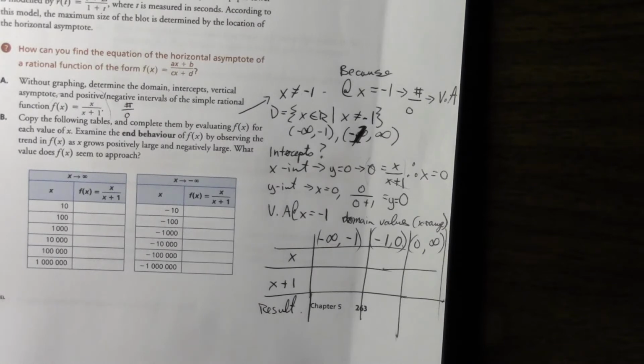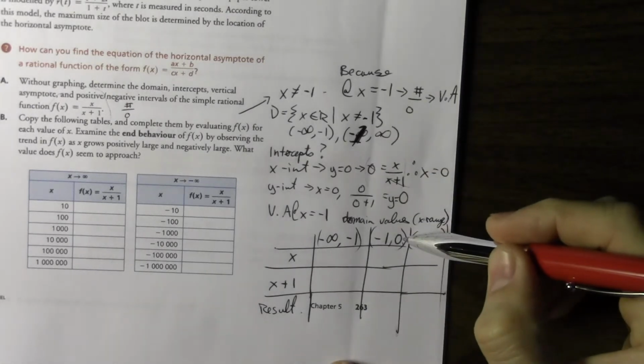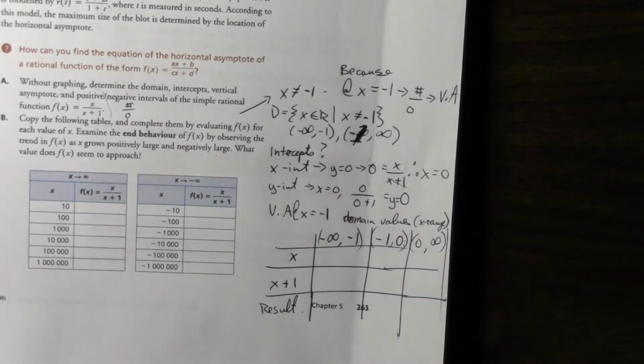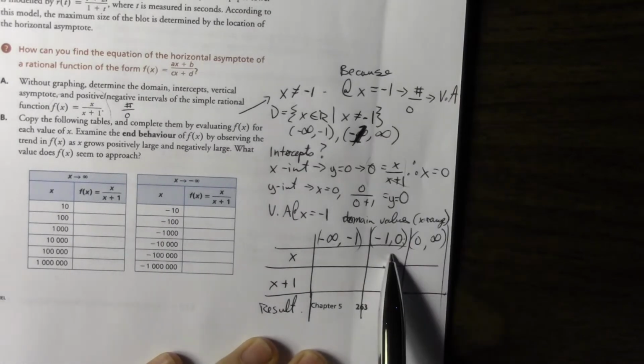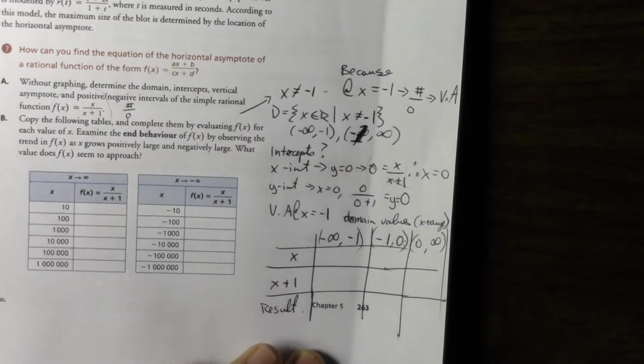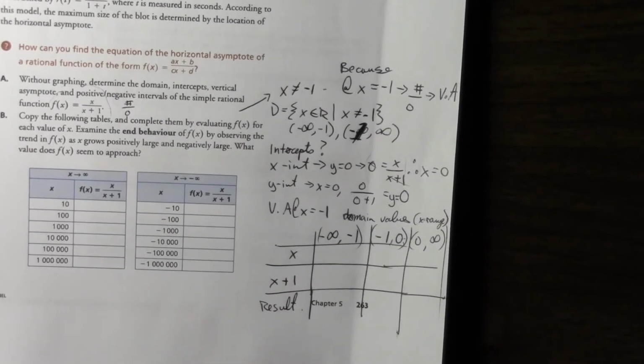The reason why we put in 0 here as a key point is because 0 is our x-intercept. So that's when we actually cross the x-axis. So if we're talking about positive and negative intervals, that's a really important point for us, right? Because that's where we're actually crossing over. So that's why we need to consider negative 1 and 0 as our ranges to find out where the positive and negative intervals are. Does that make sense? Any questions about that?